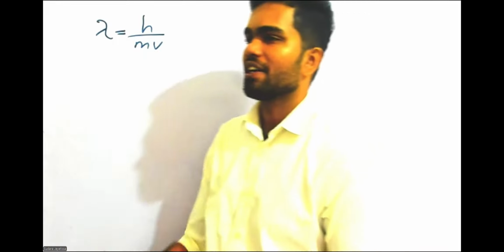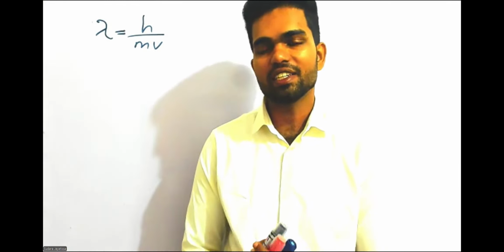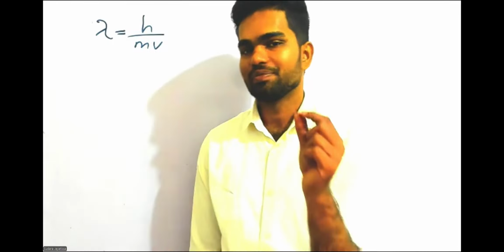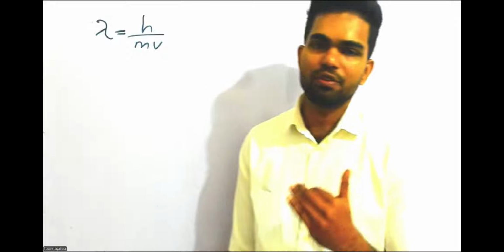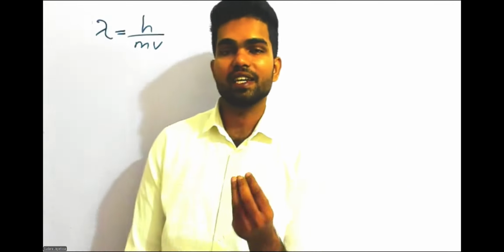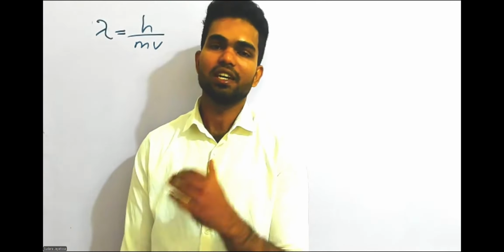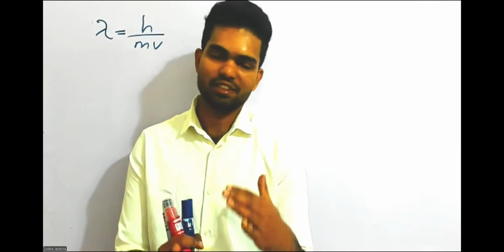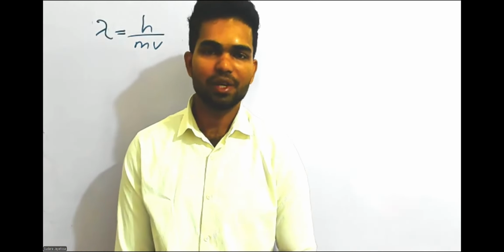But for a baseball or a macroscopic object, the wavelength is negligible. For very small things like electrons, protons, and atoms, related to their dimensions, they will have a considerable wavelength.